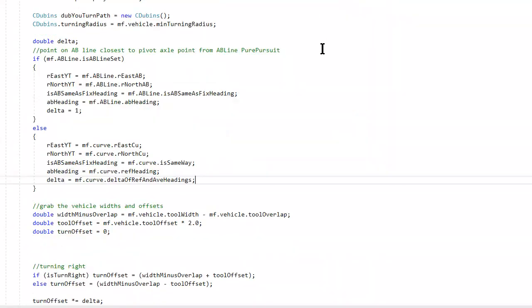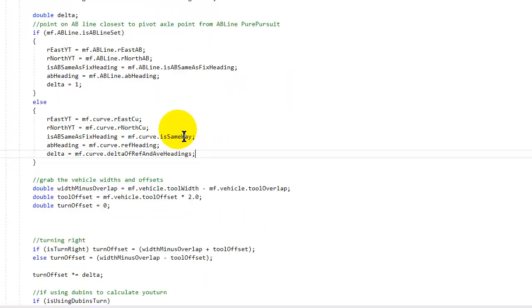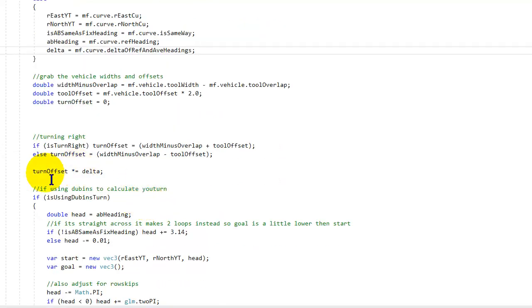We go over here to U-turn where that curve is generated, and we just multiply the delta that's created by the cosine of the difference between the reference and the heading. And then that becomes our turn offset. So the greater the angle it is, the less the delta is, therefore the narrower the implement is. And it works.